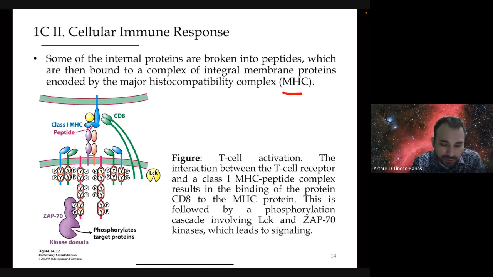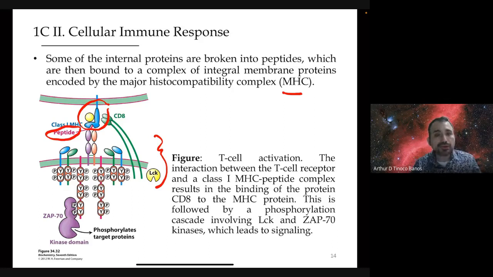So we have the presence of an MHC to which is bound a peptide, and that peptide is essentially serving as a marker, tagging the cell. That marker is then recognized by a T cell. So here we have the depiction of a T cell and the receptor interacting with this complex that has that peptide marker present there.